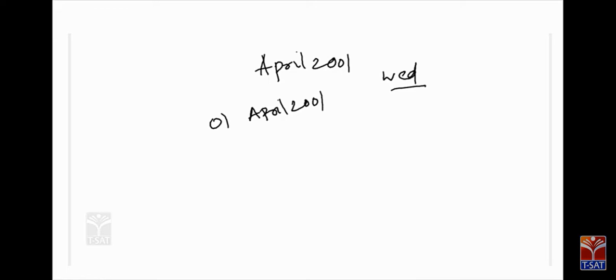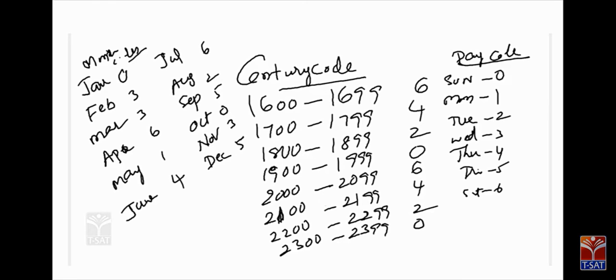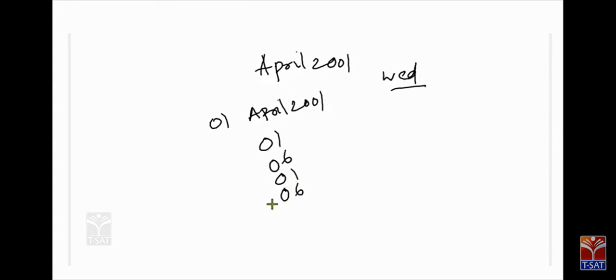Same method: for 2001 that is 01, we have to add 6. And the century code, now we will check the century code. For 2001 it is simply a 6. How many leap years are here? Here with 01 we can say there is no leap year, you can consider it as 0, correct?